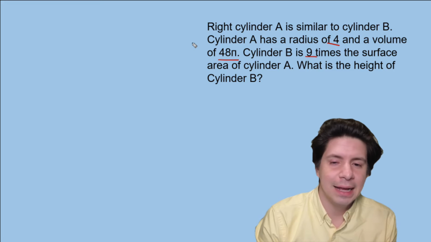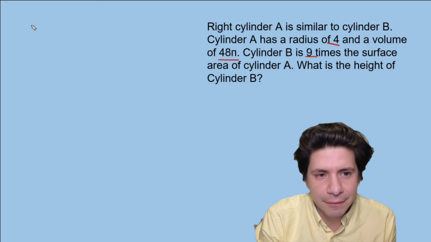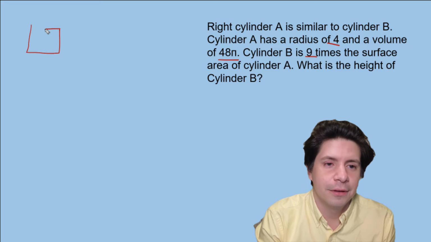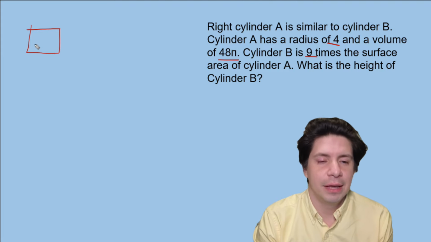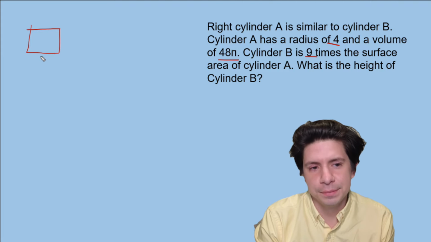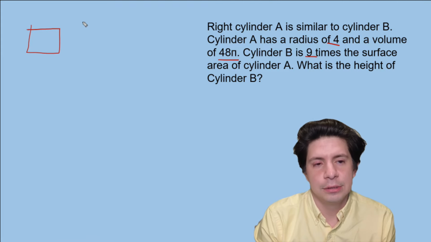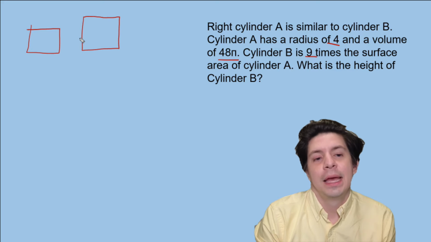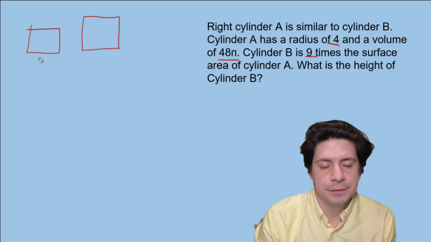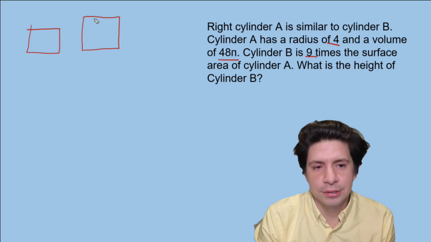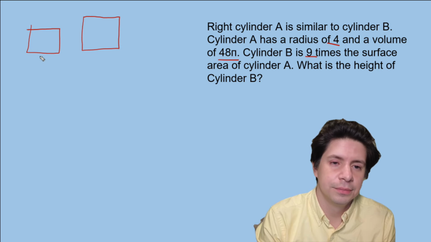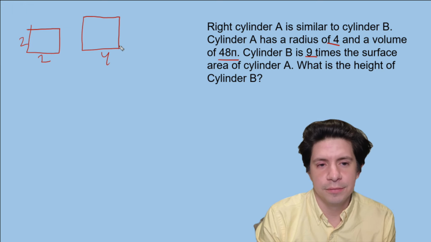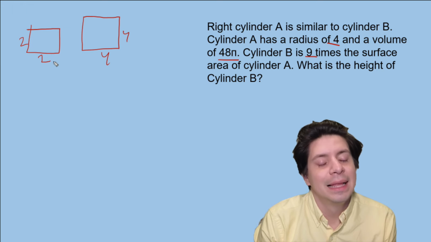So if it's 9 times the surface area, I want to show you something very important that will make your life a lot easier on the SAT and in math in general. So let's say you have 2 squares, right? And the squares, they're both squares, so they're proportional. And let's say this one is 2 by 2. And this one is 4 by 4, right?